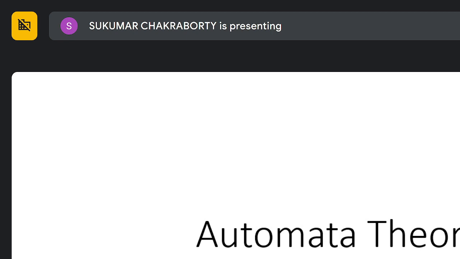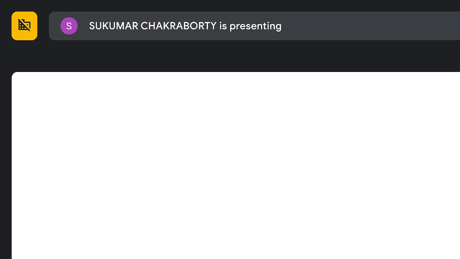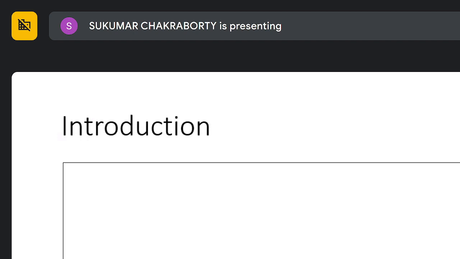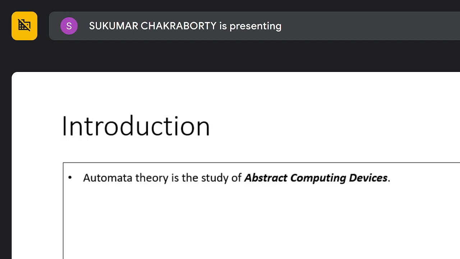So the first thing that we will start with is the concept of alphabet, language, and grammar. Automata theory is the study of abstract computing devices. Now, what do we mean by an abstract computing device? Device we all know.